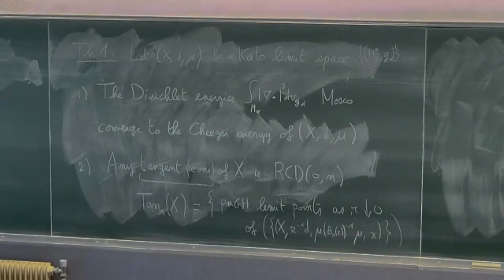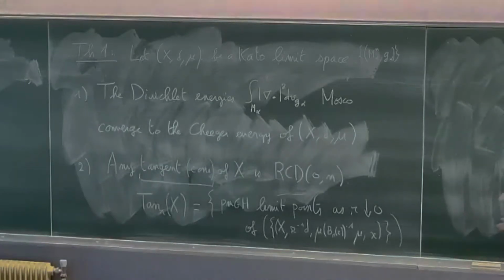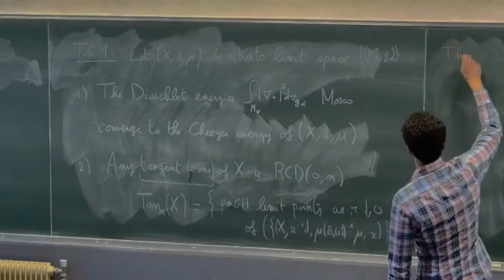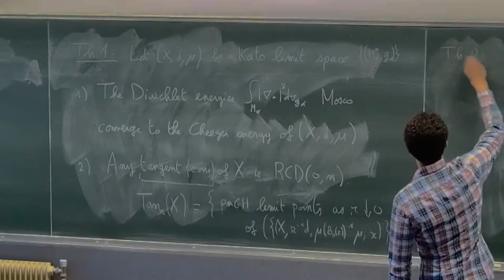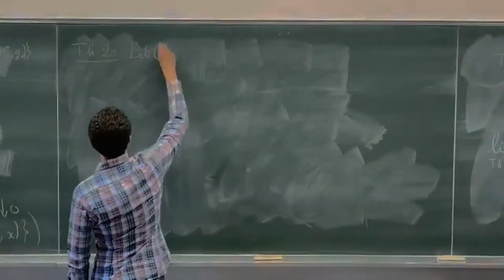Okay, I want to keep this talk a reasonable size, so I'll stop here. The second theorem is about non-collapsed strong Kato-limit spaces, and in this case we can get even more results on the structure.